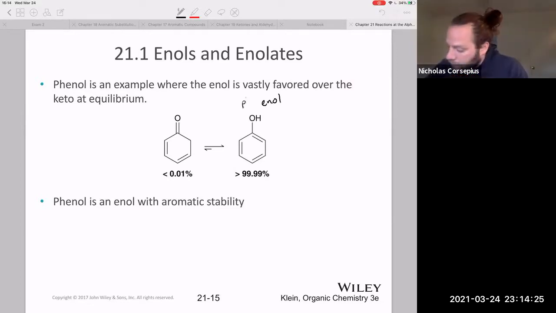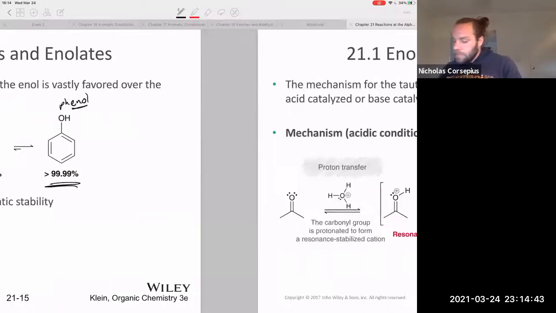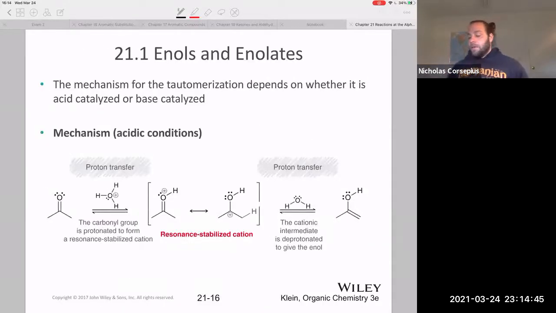So if this is phenol, that's a very, very stable enol. And so in the case of this particular tautomerization, that favors the product side, or the enol side, quite a bit. All right, so how do we get from ketone to enol?